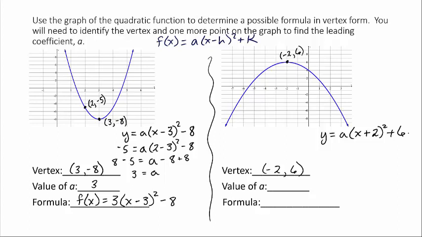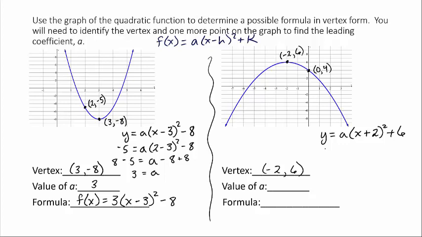Okay, so now find another nice point, like I said, something with integer values. And I said you can't use an x-intercept, but you can totally use a y-intercept, and that's usually the nicest one. If you have the y-intercept, it makes the arithmetic a lot easier. So (0, 4) is the y-intercept there.